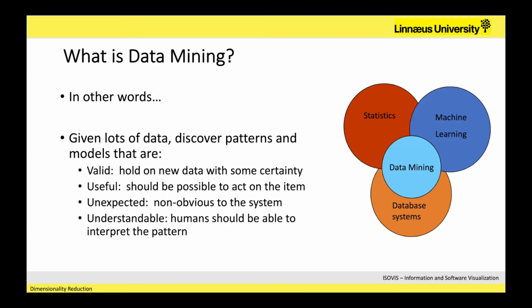So in other words, data mining is about discovering patterns, and it's interesting to think about what these patterns, or these models, must be. Well, they must be valid, right? So they must hold on new data with some certainty. If you're extracting some clusters from a data set and then you get some new data that is completely different and ends up being a completely different cluster, you should probably check if you're not overfitting on the existing data.